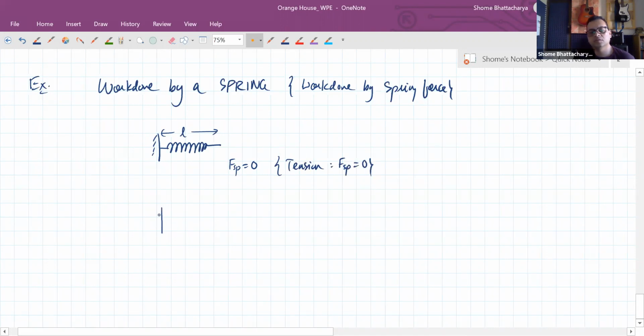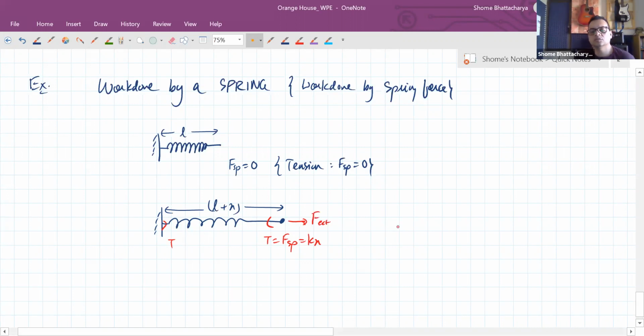But the moment we want to stretch the spring, a restorative kind of tension develops. So this is what we call the spring force, and that is equal to kx. So that has to be balanced with some external force.